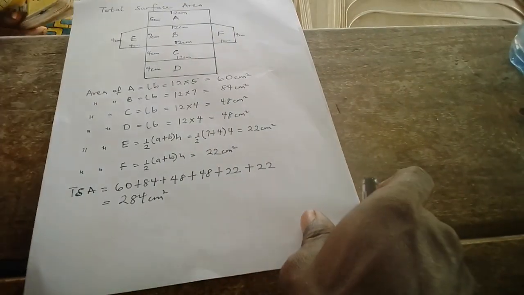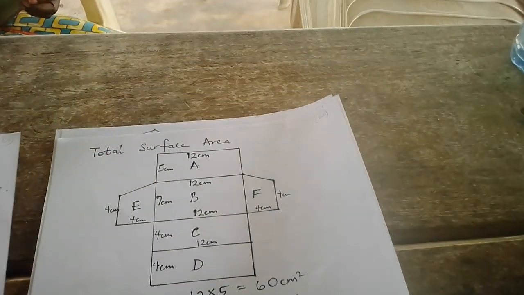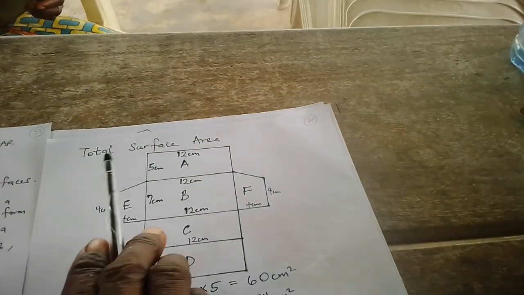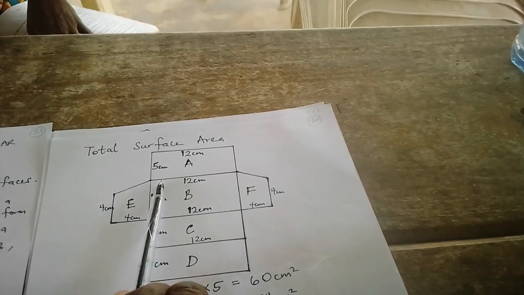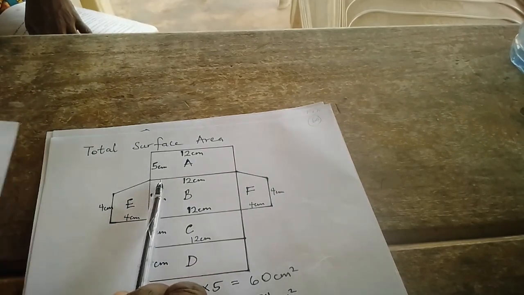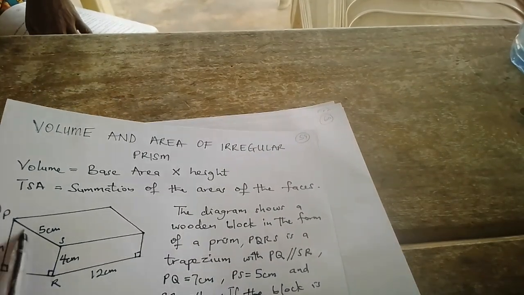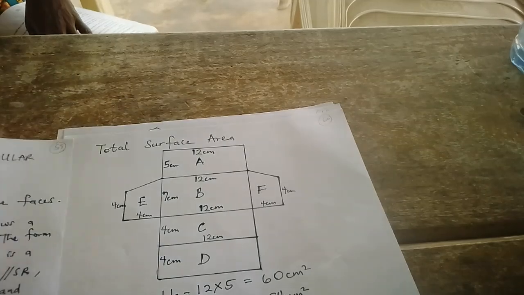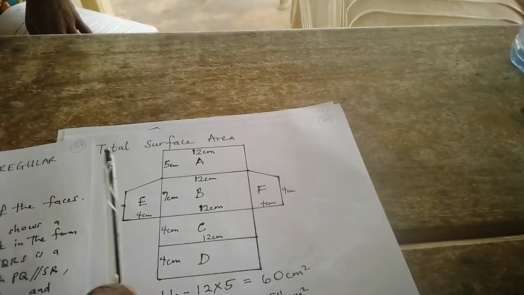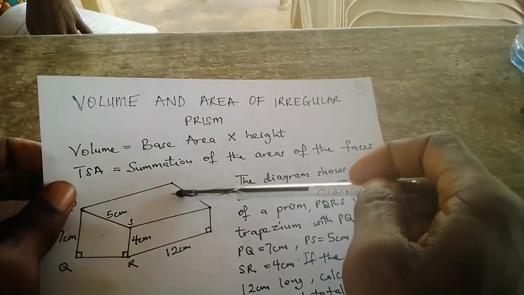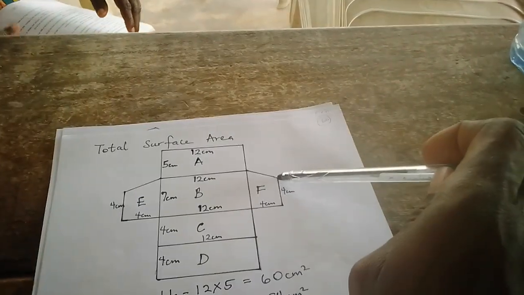Now, to be able to look for the total surface area of this type of shape, you are going to dismantle it. You don't have a fixed formula for it. It means that when you dismantle this trapezium-faced prism, look at this side here, it will form this trapezium here, the other side that is not showing outside will form this side.